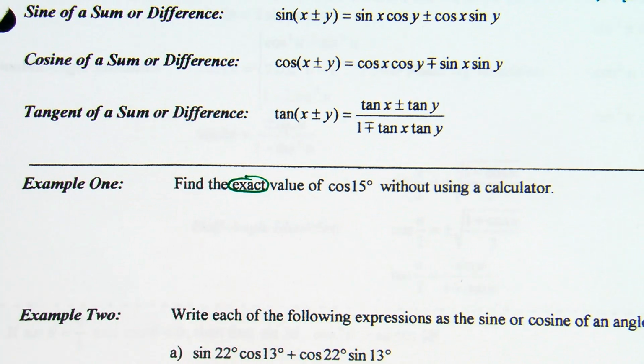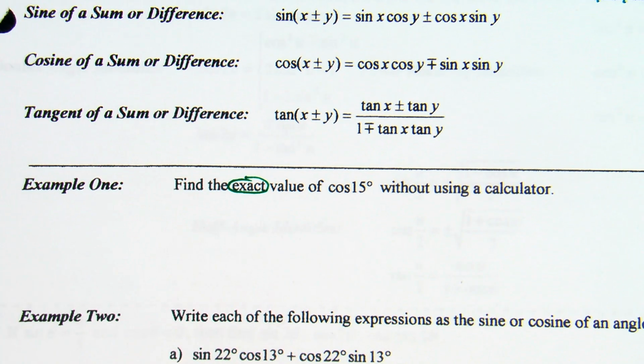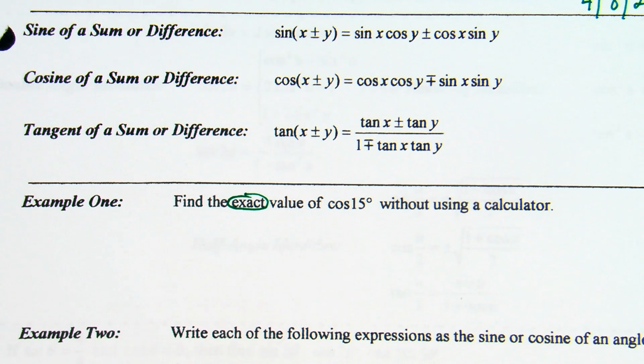So this is where the sum and difference identities can come into play. How can we make 15 out of some of those numbers? Don't think about division, think about adding and subtracting.